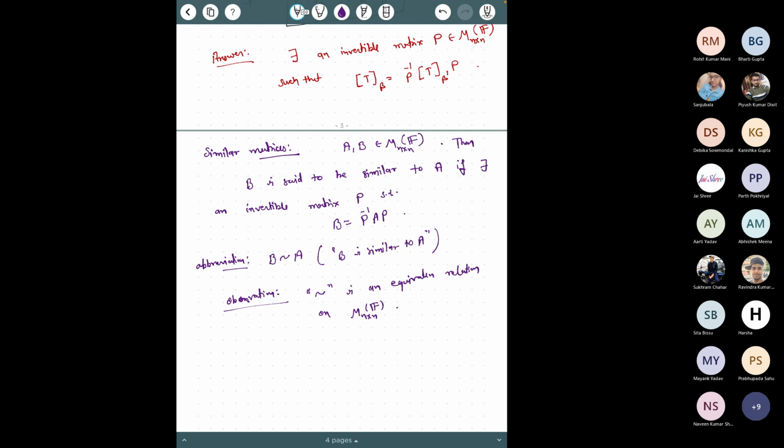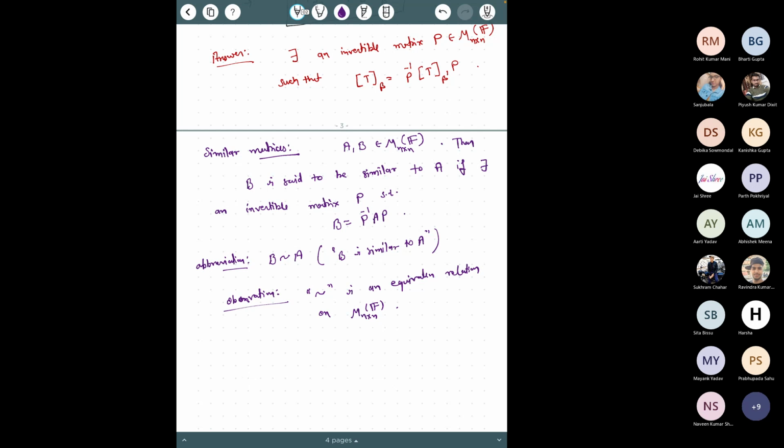Now you know that if we have an equivalence relation on a set, we can write equivalence classes. Do you know what an equivalence class is? Yes, sir, we can define it. What is that?